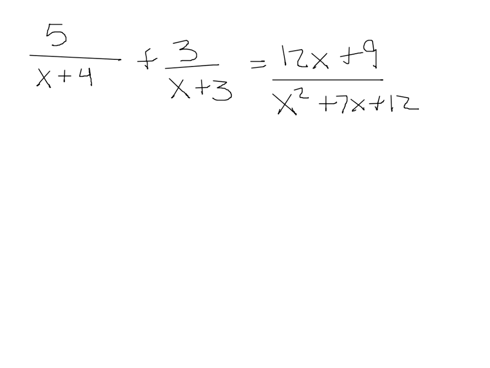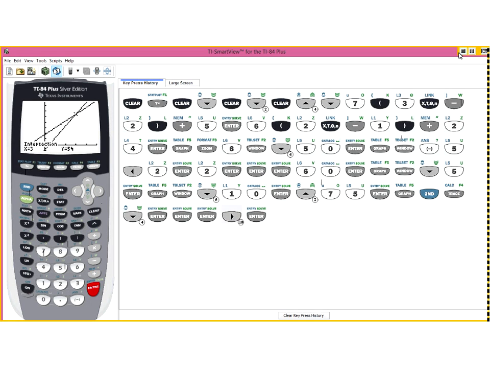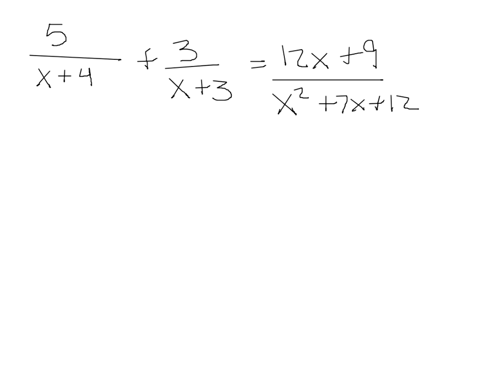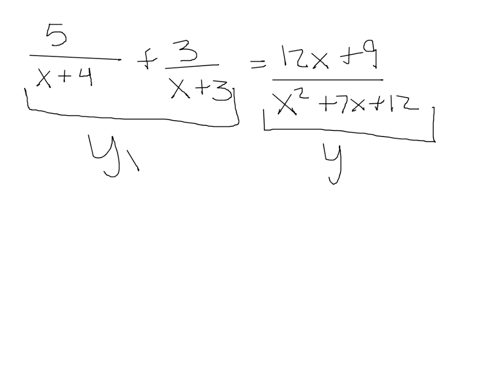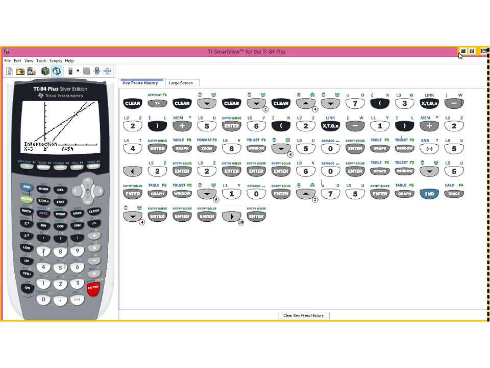We could probably practice with some stuff, like factor this one side or expand this, but we're just going to use our calculator. So we go and get our calculator. Oh, so what I'm going to do, this is going to be y1, and this is going to be y2. Okay, so go to the calculator.